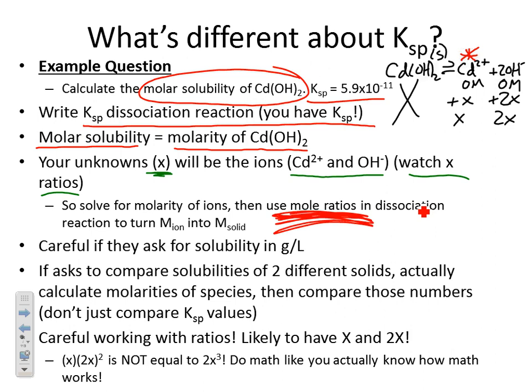Let's say, I didn't solve this problem, but let's say the cadmium ion is 1 times 10 to the minus 4th molar, and it's in a 1:1 ratio with the cadmium hydroxide, which is what the problem is asking about. Then I can say, well, if the cadmium is this, then so must the cadmium hydroxide be the same value. So you turn the molarity of the ion into the molarity of the solid using mole ratios, and that's a little bit different about this type of problem.